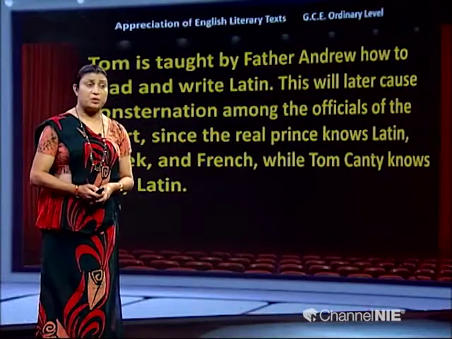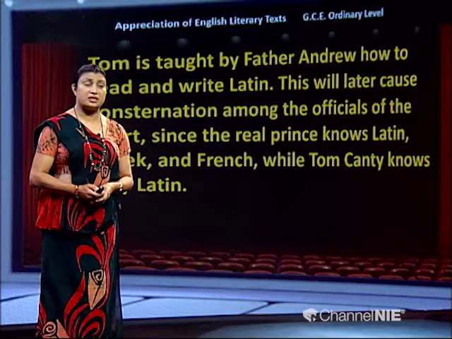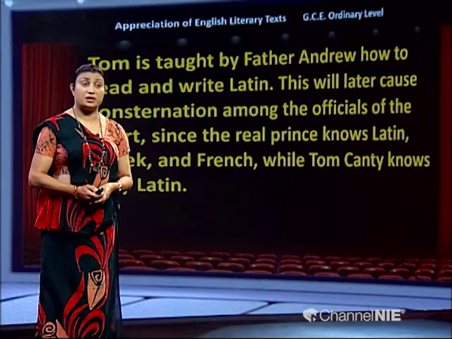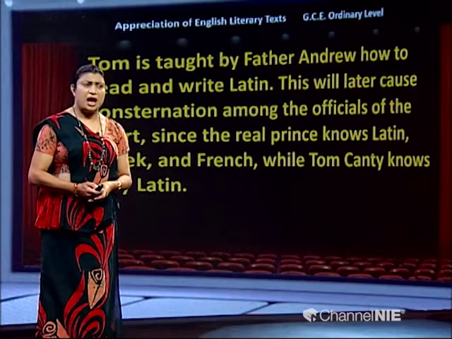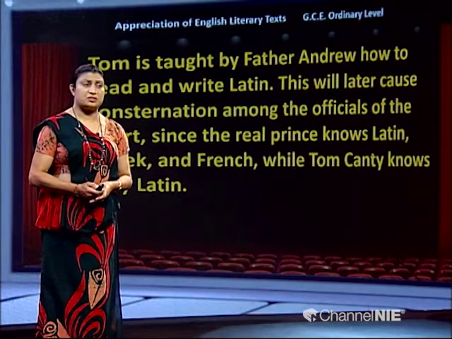Here I think you can remember, the King also gets the news of the madness of his son, Prince Edward. So he asks some questions in all these languages, Latin, Greek and French. But Tom Canty answers only in Latin. So the King also thinks there is a memory loss because he was able to answer in Latin.